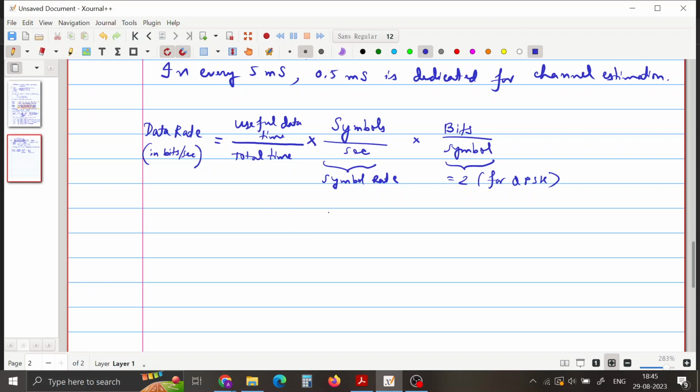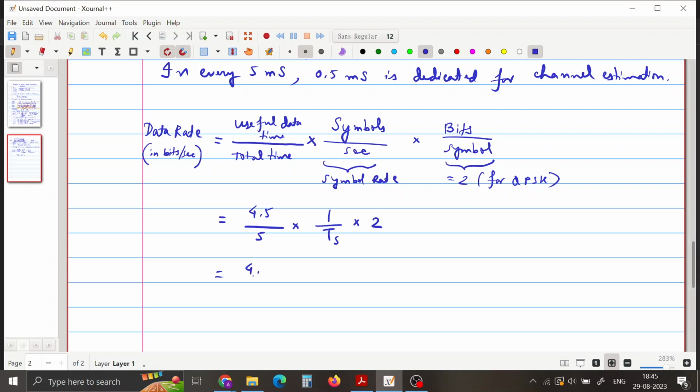Now let's do that. This is the useful data time: 4.5 milliseconds divided by total time, 5 milliseconds. That's the fraction. What is symbol rate? Symbol rate is simply the reciprocal of your symbol duration, which is 1 by TS, correct? How many symbols are there in 1 second? And times, we just saw that this is 2.